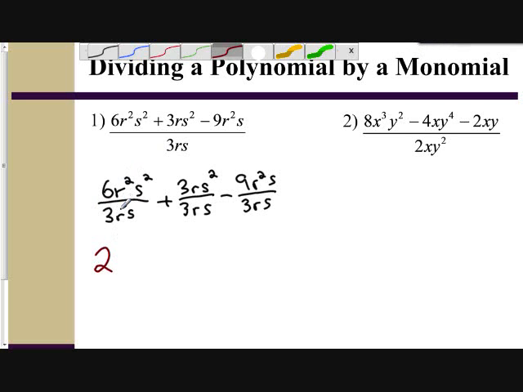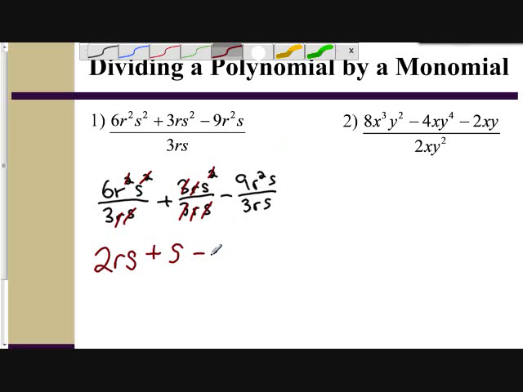R squared divided by r, one of the r's cancels, so we're left with the r. And then s squared divided by s, one of the s's cancels, and we're left with s. Plus 3 divided by 3 is 1, so these cancel. R divided by r is 1, and s squared divided by s, one of the s's cancels, and we're left with just s.